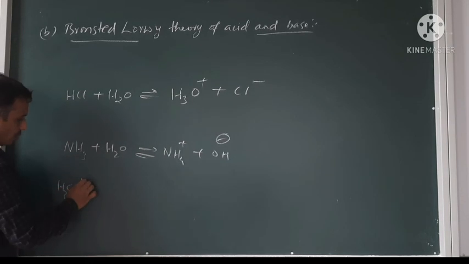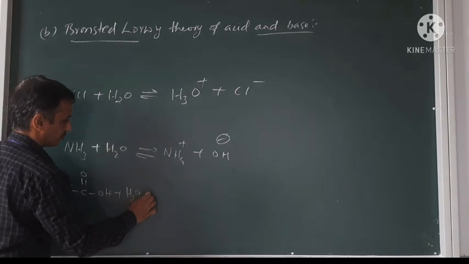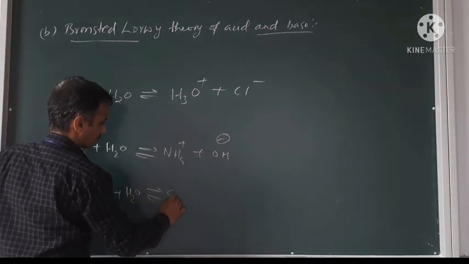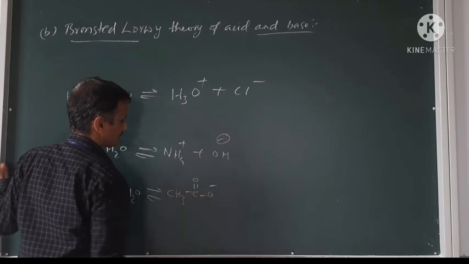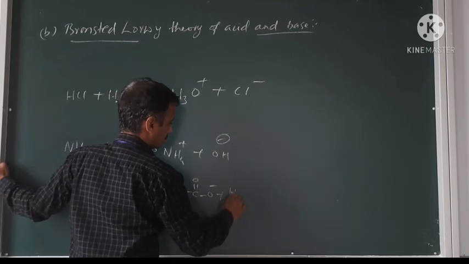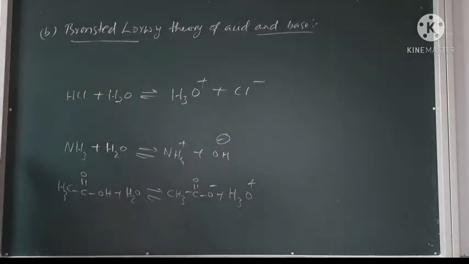CH3COOH, acetic acid, plus water gives CH3COO minus plus H3O plus. See these examples.